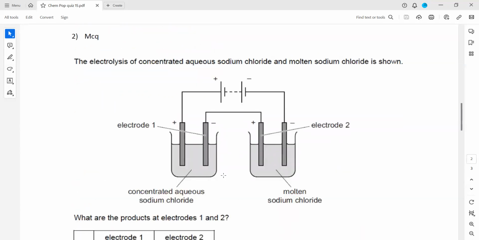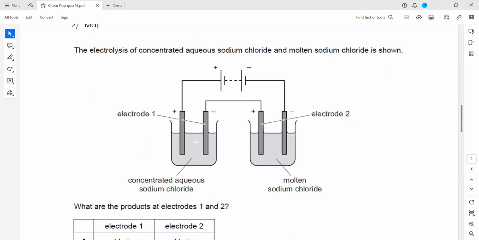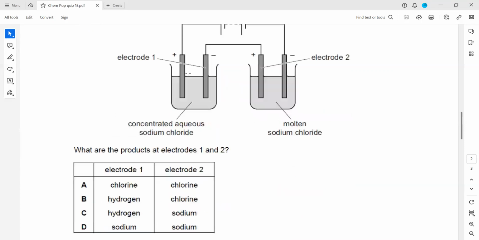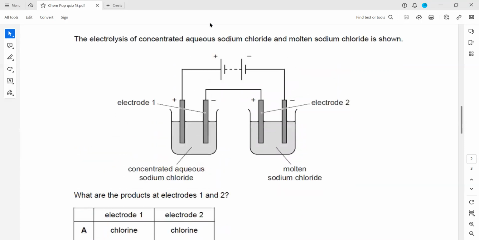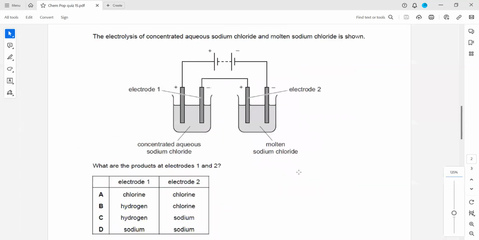The next question: the electrolysis of concentrated aqueous sodium chloride and molten sodium chloride. What are the products at electrode 1 and 2? So if we do electrolysis of first, concentrated aqueous sodium chloride, what are the ions present?